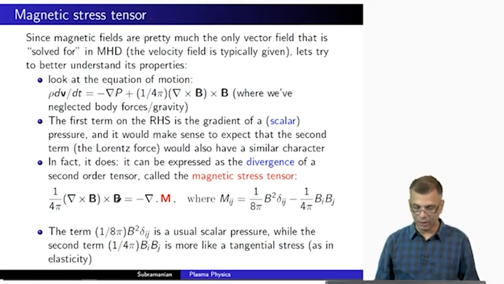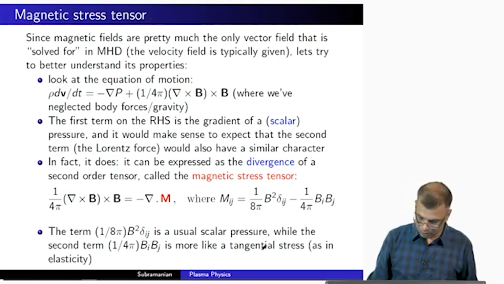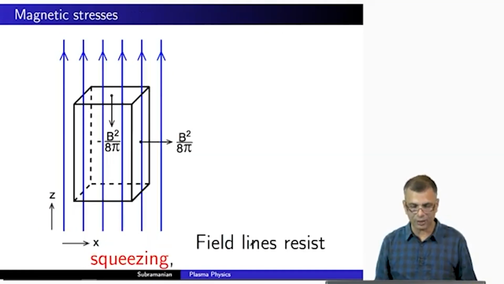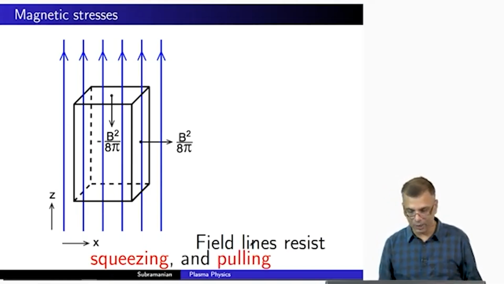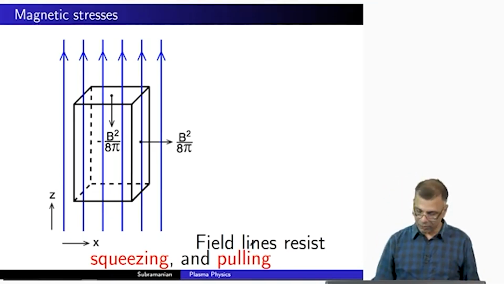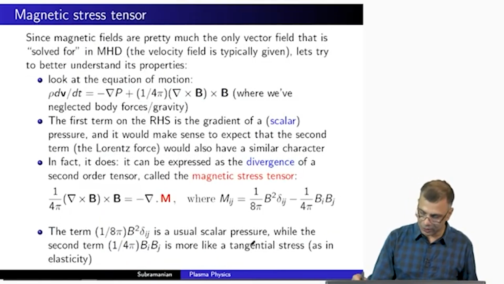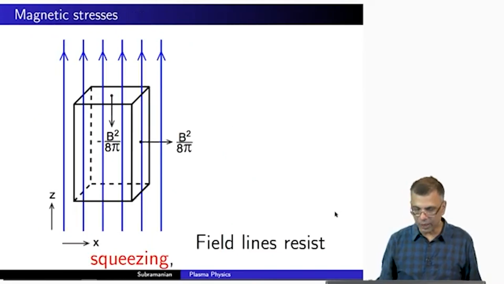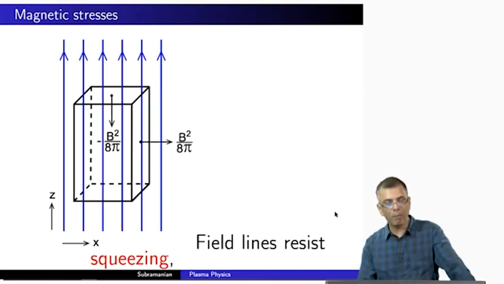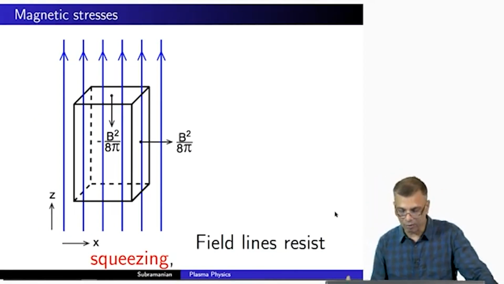So, the tangential stress is much like elasticity, and let us try to understand this. It is something like this, and we will come back to this diagram in a minute. Essentially, the bottom line is that the consequence of this equation is that magnetic field lines behave much like a bunch of rubber bands.